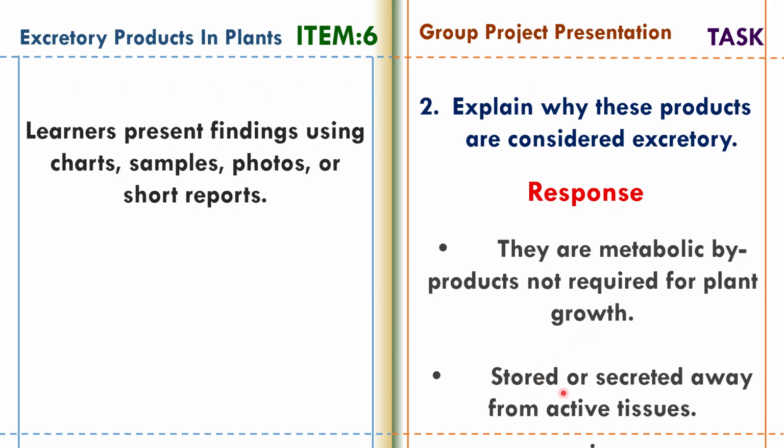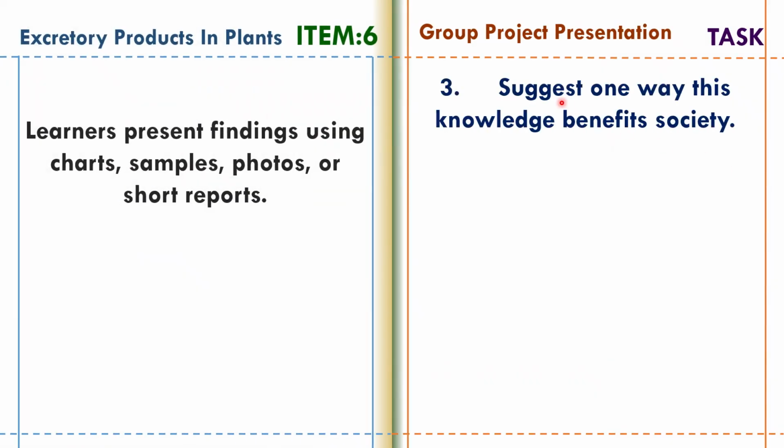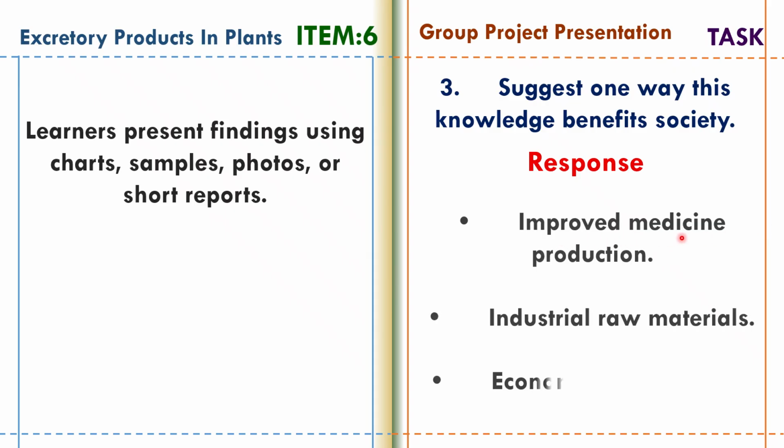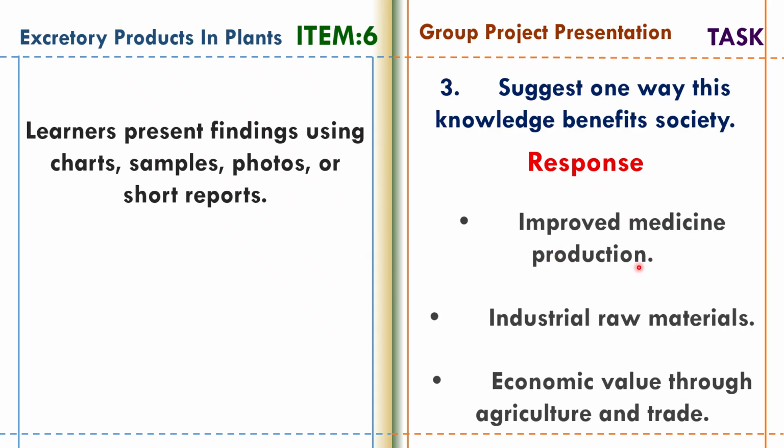They are stored or secreted away from active tissues. Suggest one way this knowledge benefits society. Improved medicine production, industrial raw materials, and economic value through agriculture and trade.